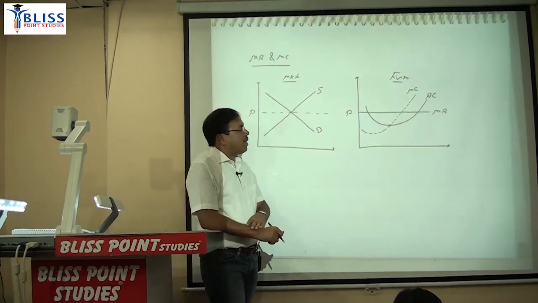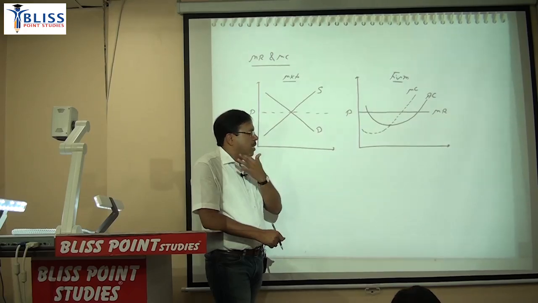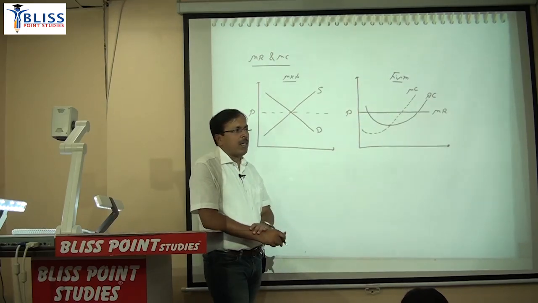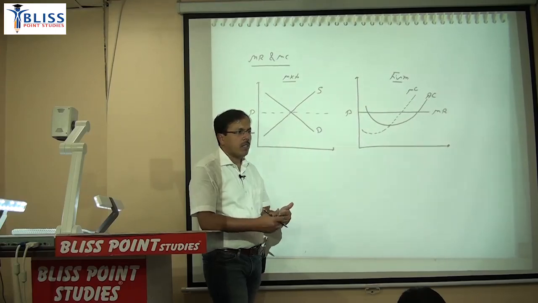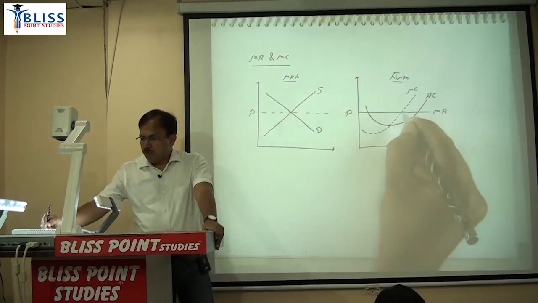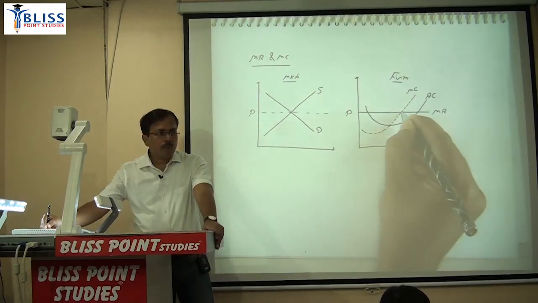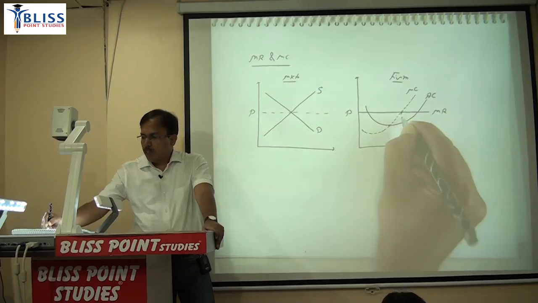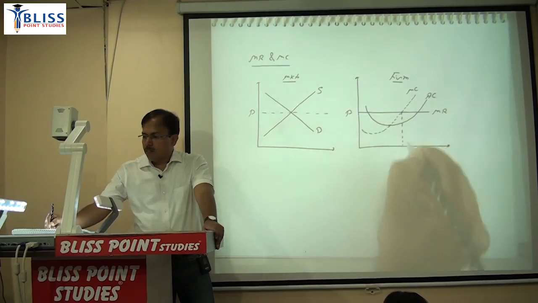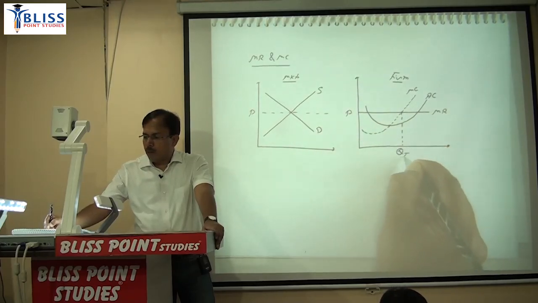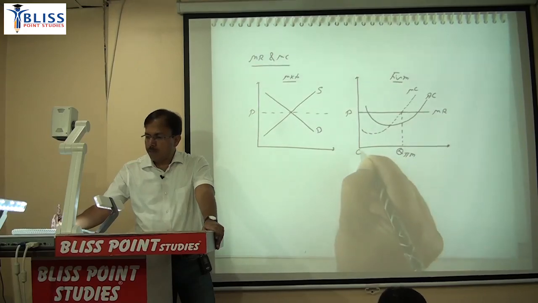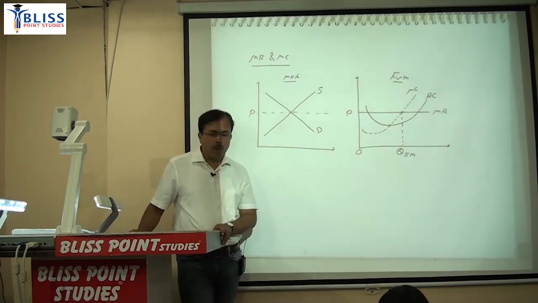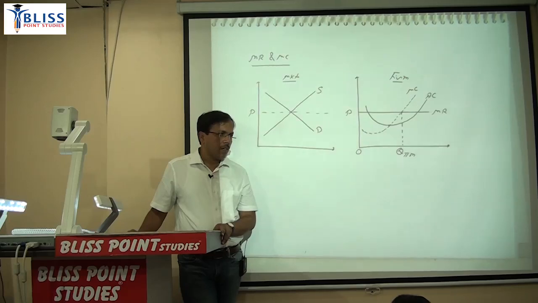And now determine where that profit maximizing condition is satisfied: MR equal to MC, meaning the intersection point. So first mark this point. This will determine the quantity where profit gets maximized.